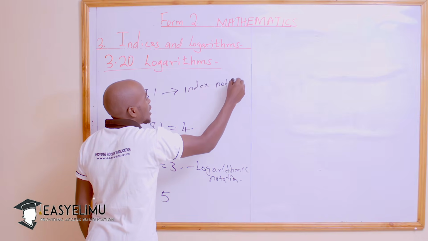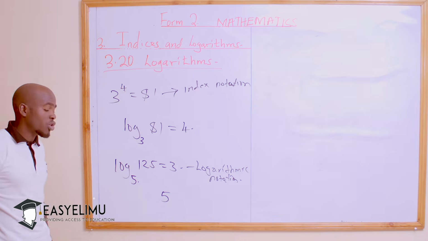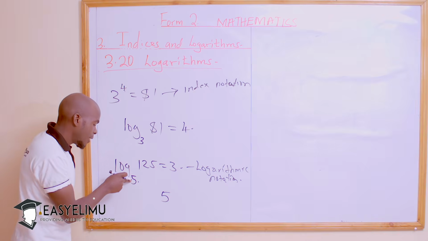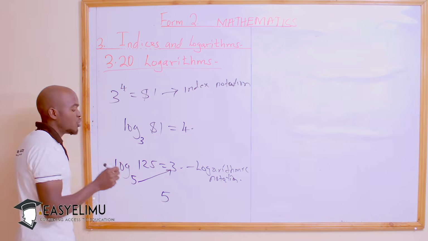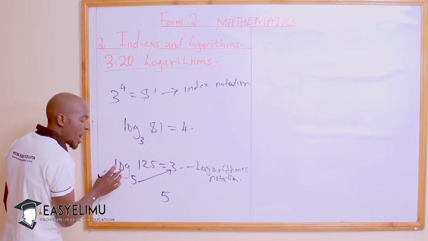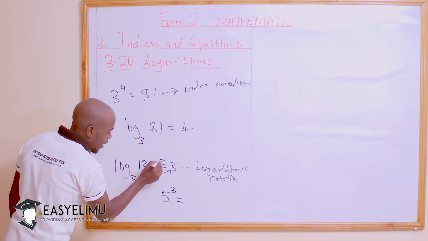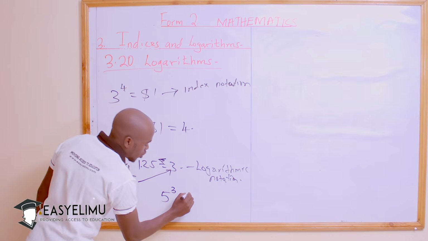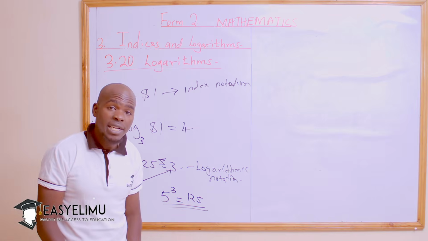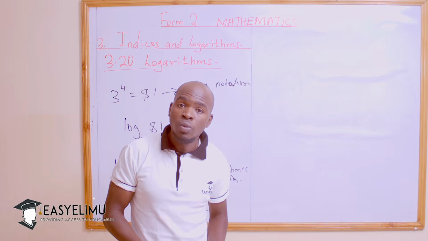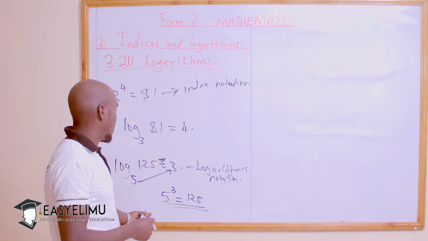So we need to rewrite the one we have here in index notation. And rewriting it in index notation, you start with the base here, which is 5. Then you raise it to the number which you have found as the logarithm. So it will be raised to 3, and it will be equal to 125. That is how we rewrite a number in index form or index notation to logarithmic notation and vice versa.